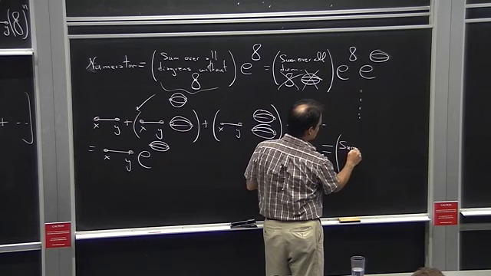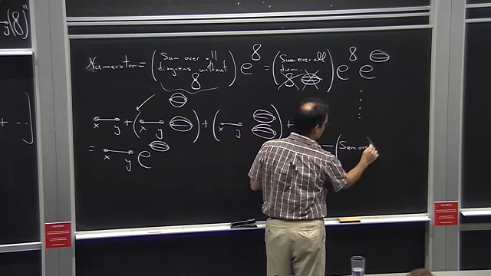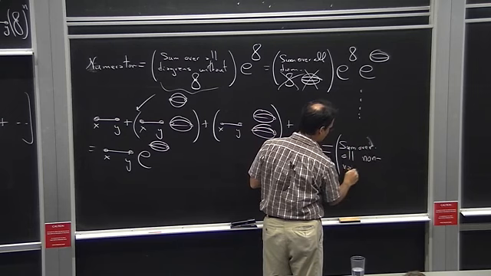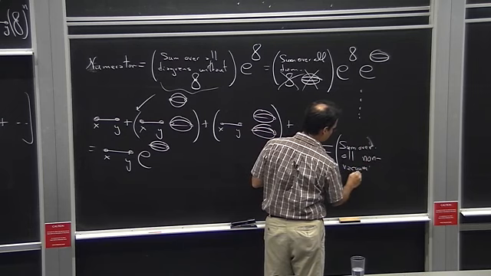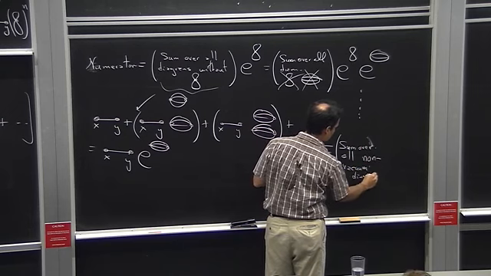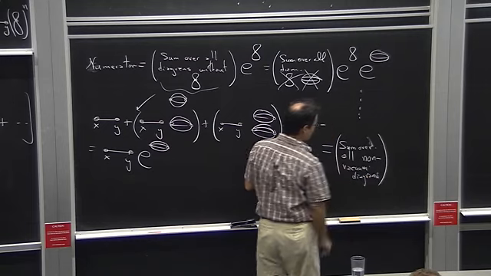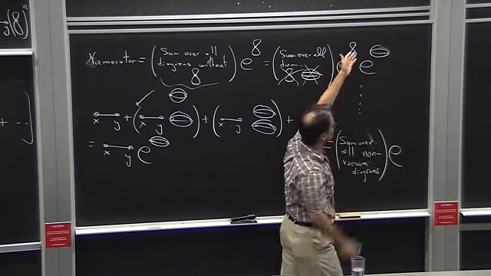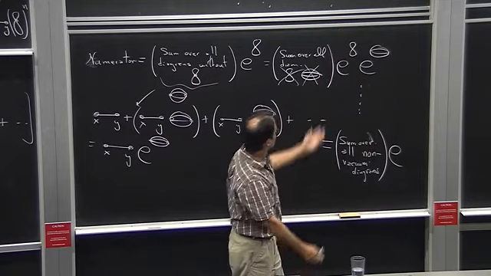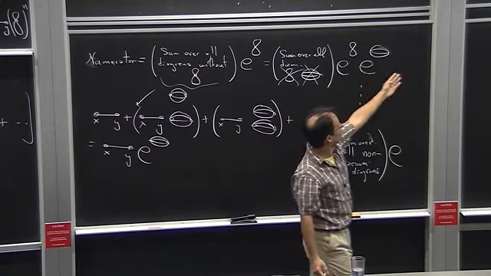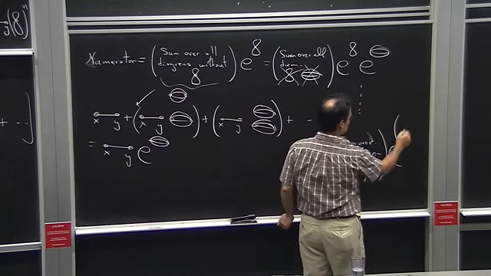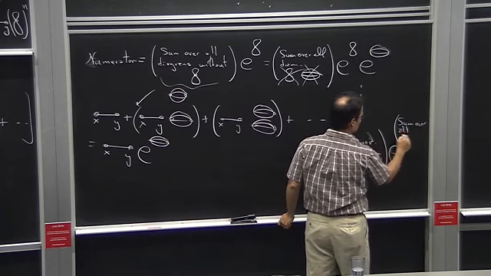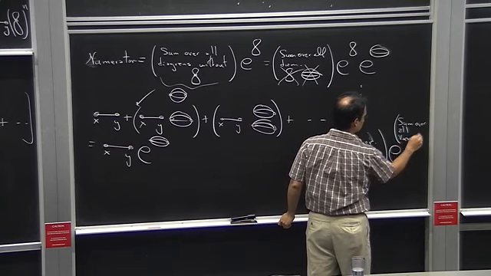We will end up with a sum over all non-vacuum diagrams times the exponential. Now these guys combine. These are numbers, right? So these two exponentials combine. The next one combines with this, times the sum over all vacuum diagrams.